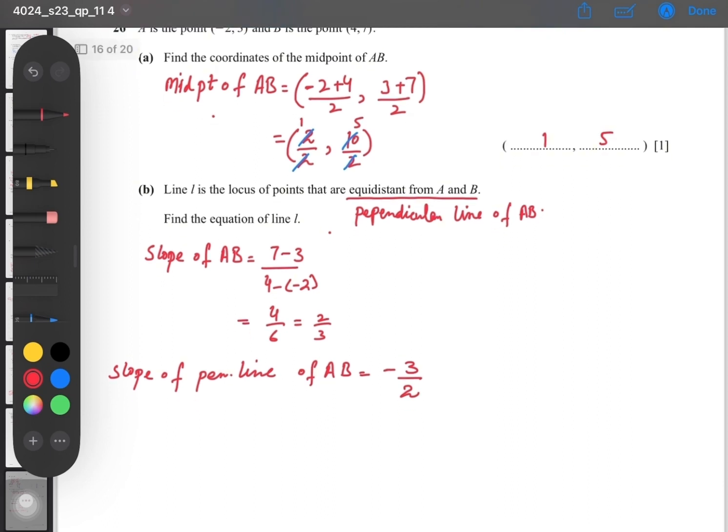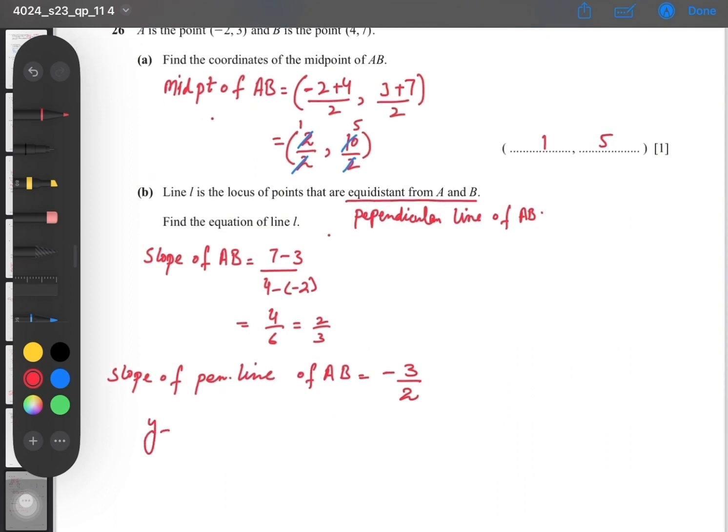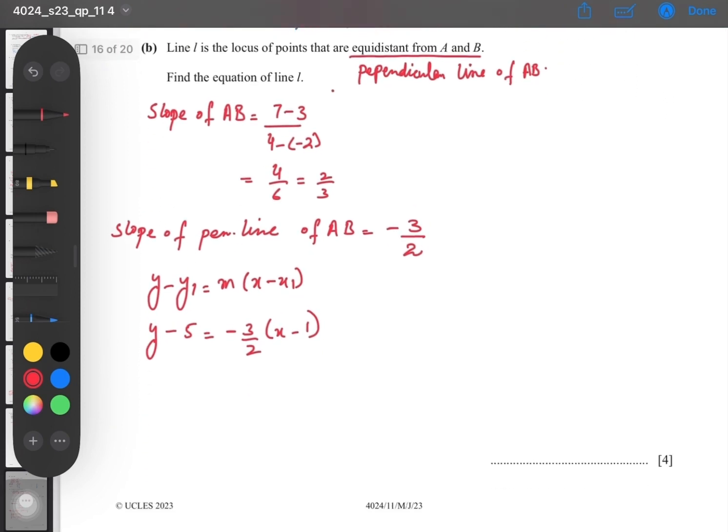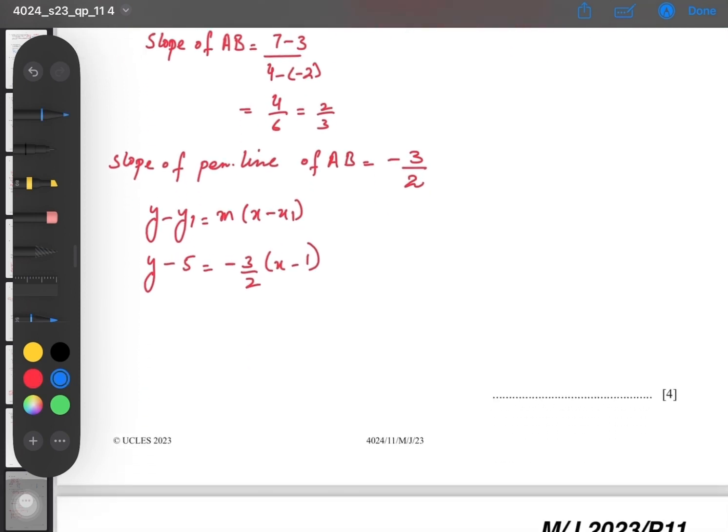For the equation, you will apply the formula y minus y1 equals m into x minus x1. So the point is, I'll take midpoint. So it is y minus 5 and the slope is minus 3 over 2 and the value of x is 1. I'm going to simplify it. I'll cross multiply. 2 into y minus 5 equals minus 3 into x minus 1.